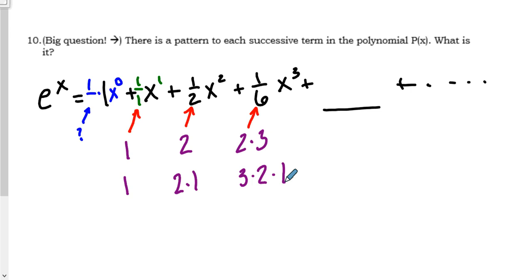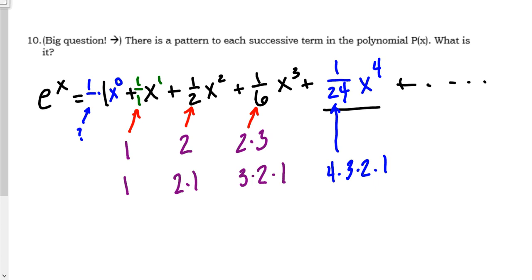If you're with me, I think you know that the next term here is x to the 4th, and then a 1 over 24. How on earth did we get the 24? We got the 24 because it's 4 times 3 times 2 times 1. What is this idea? Haven't we seen this somewhere else in life?